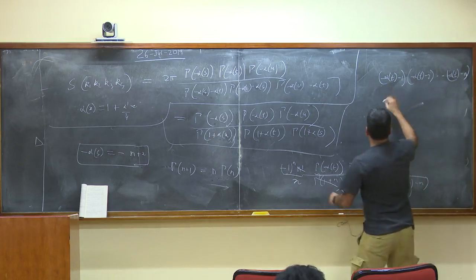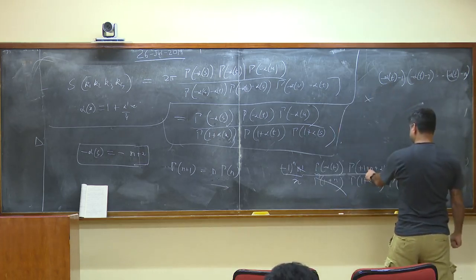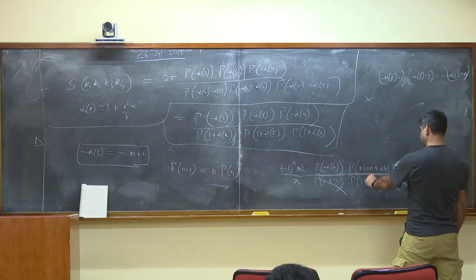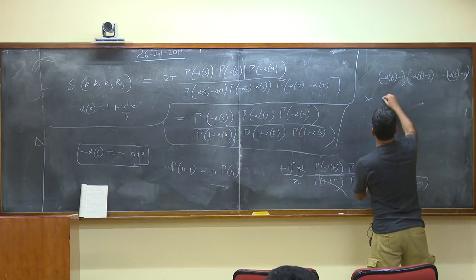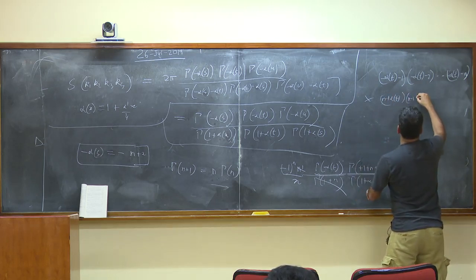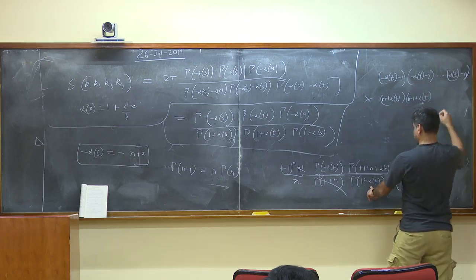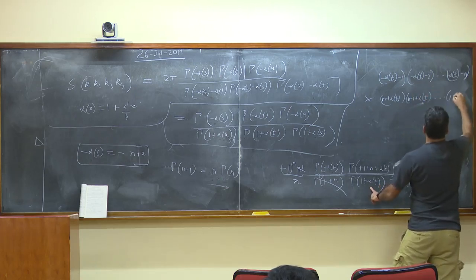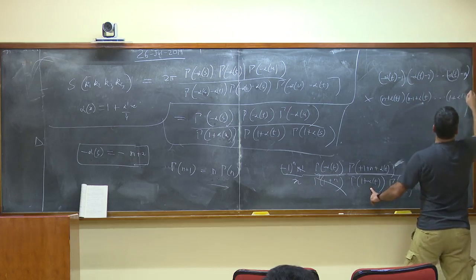Okay, and then similarly, this guy here is n plus alpha of t into n minus 1 plus alpha of t up to 1 plus alpha of t.